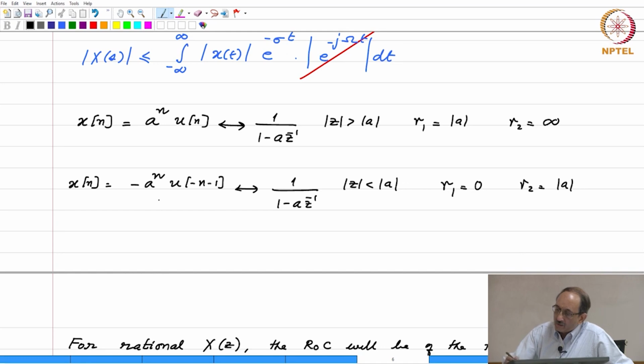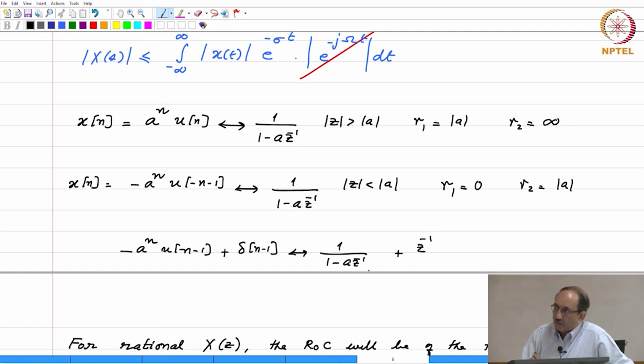On the other hand, suppose I take this same sequence, minus a to the n u of minus n minus 1. This is purely left sided, and then I add delta of n minus 1, right. Now this transform is 1 by 1 minus a z inverse plus z inverse, correct.